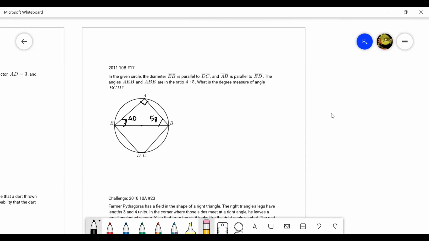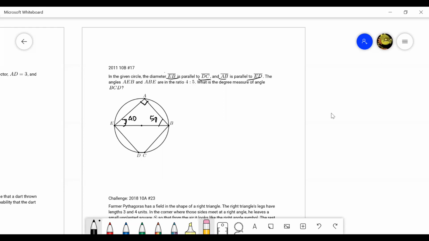And next, we have to figure out a way to incorporate our cyclic quadrilaterals. And basically, we can use the fact that EB is parallel to CD and AB is parallel to ED. Actually, I don't think the fact that CD is parallel to EB is completely relevant.